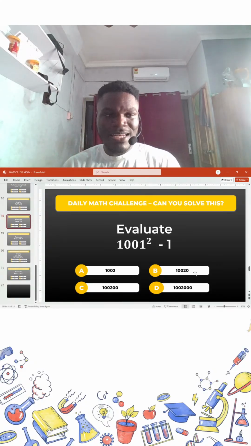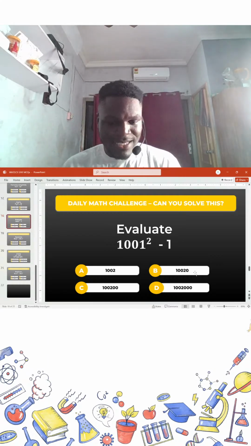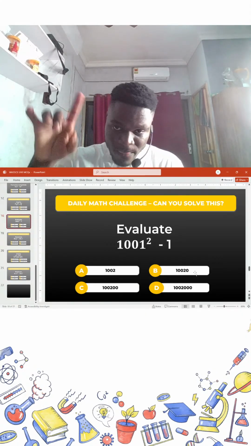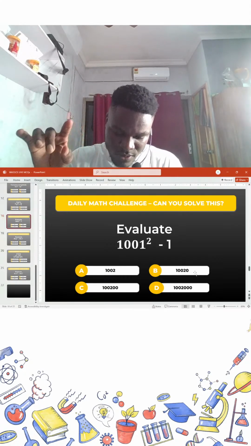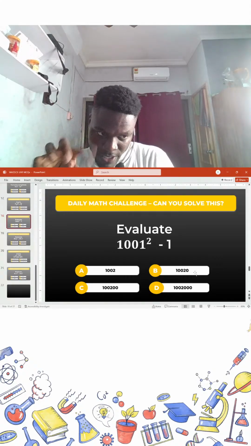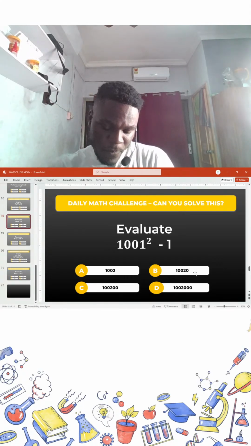Now, that is just like x squared minus y squared. Like I said, when you have an expression such as x squared minus y squared, that is a difference of two squares. So 1001 squared minus 1 squared will be rewritten as (1001 minus 1) multiplied by (1001 plus 1).